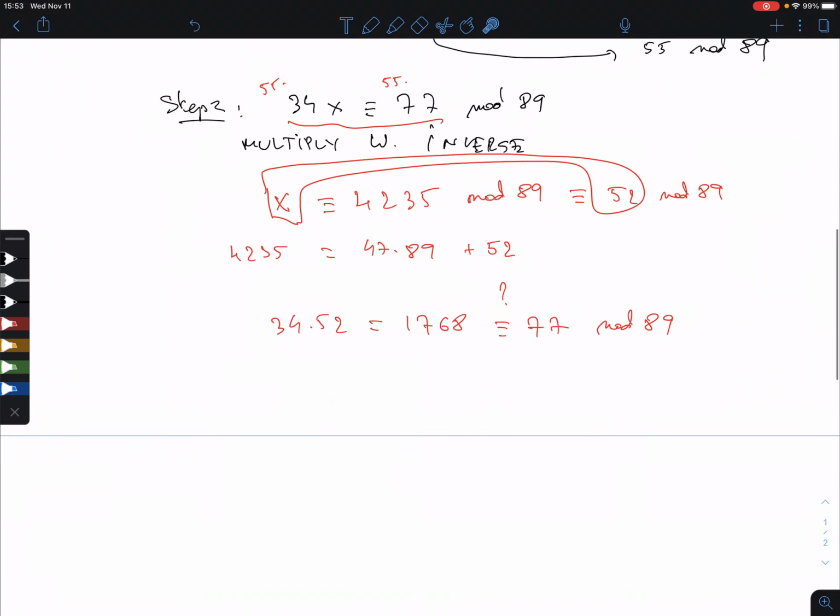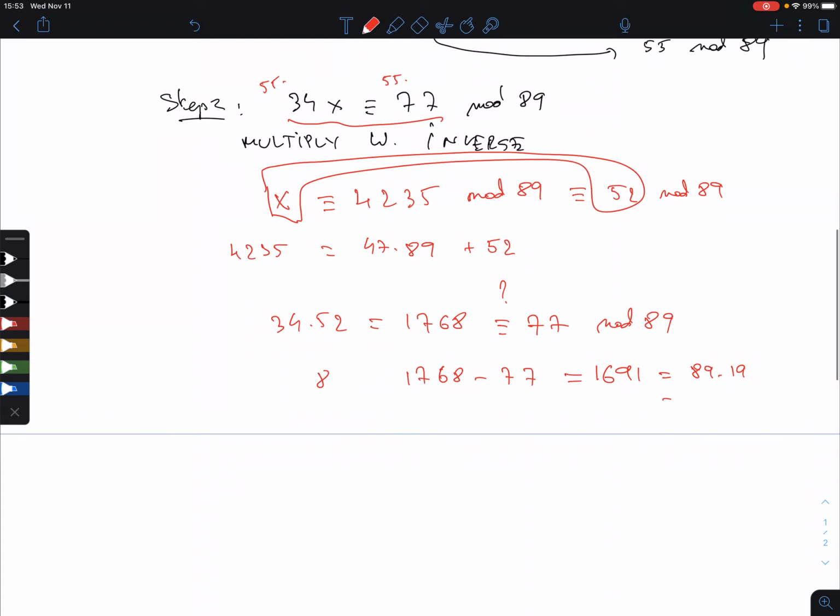You take the difference, 1768 minus 77, and that should then be divisible by 89. So let's calculate what that is. That is 1691. Now divide this by 89, and we see that this is 89 times 19. So this shows that 89 divides this difference, and that's exactly the same as saying that these two are equivalent. So we can check also.